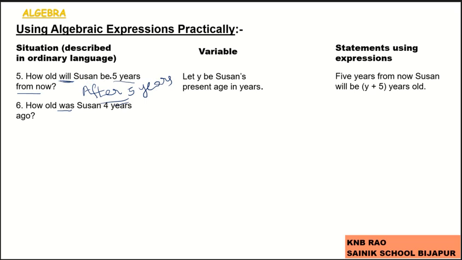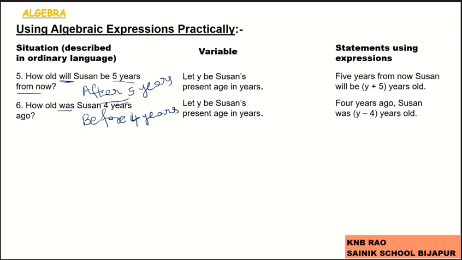That means after. If you make that much common sense, logic is easy. So before 4 years, what will be the age of Susan? Now you know very well. The answer is, by assuming Susan's present age as y years, 4 years ago, Susan was y minus 4 years old.